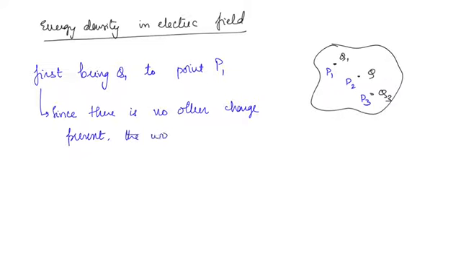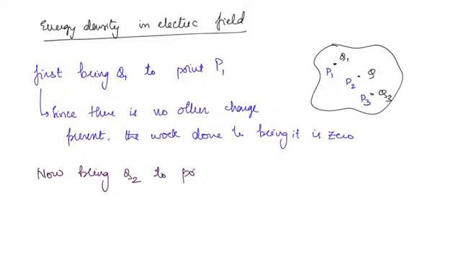The work done to bring it is 0. Simply, no work is done. Now what will we do? Bring charge Q2 to point P2.